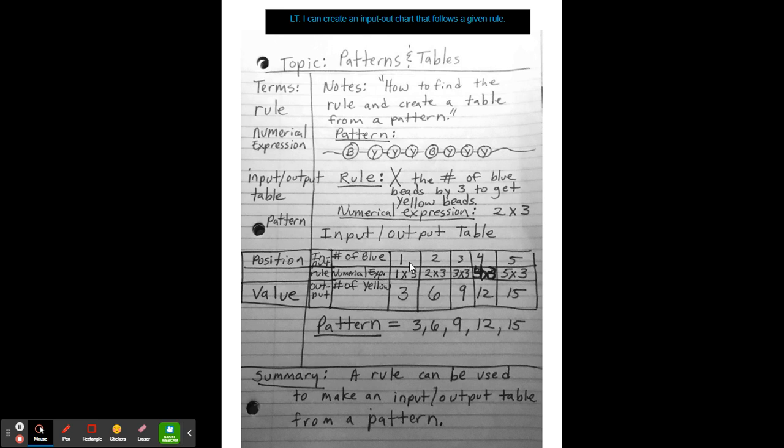So the position of 1, the numerical expression was 1 times 3. And then the value was 3 for the number of yellow beads. I go through my chart. 2 is my position, 2 times 3 is my numerical expression, and then when I solve that, I get 6, which is my output. And I go through and I do that for each position all the way through 5. Go ahead and do that.